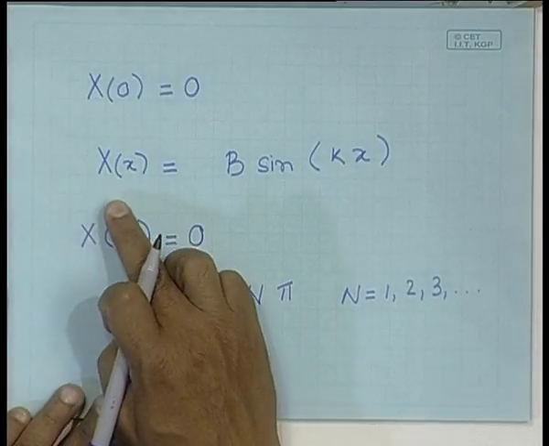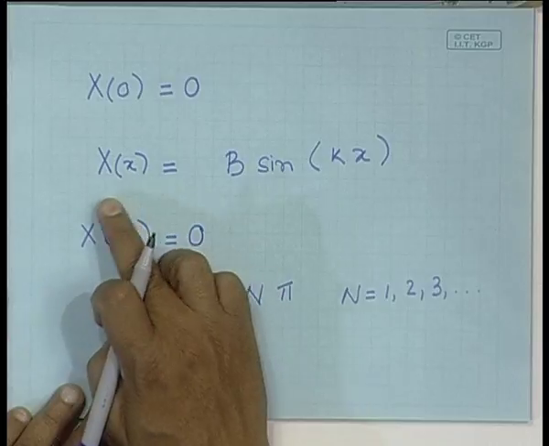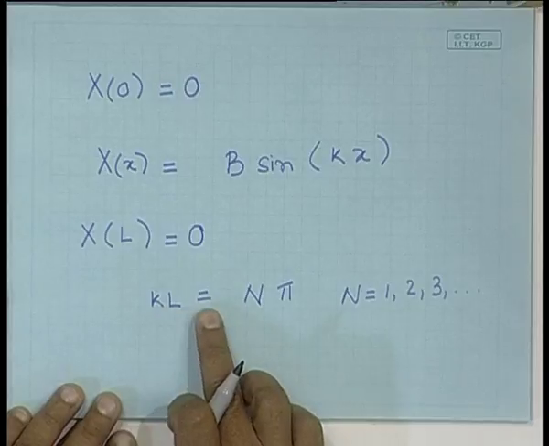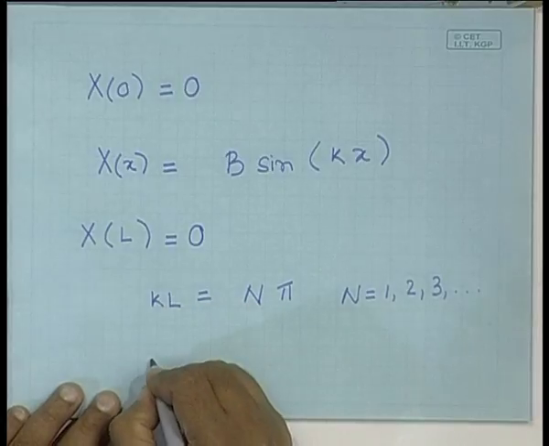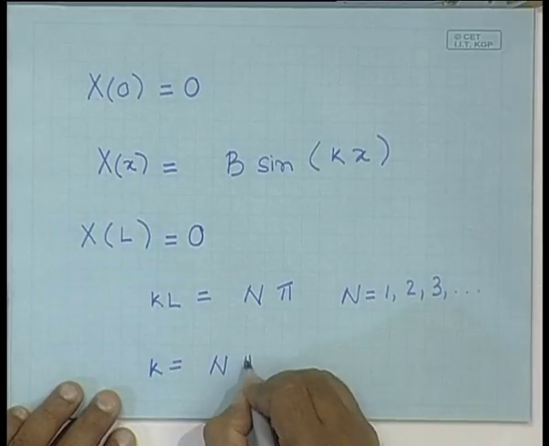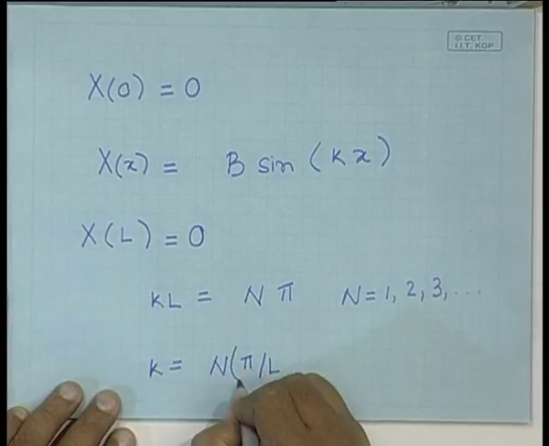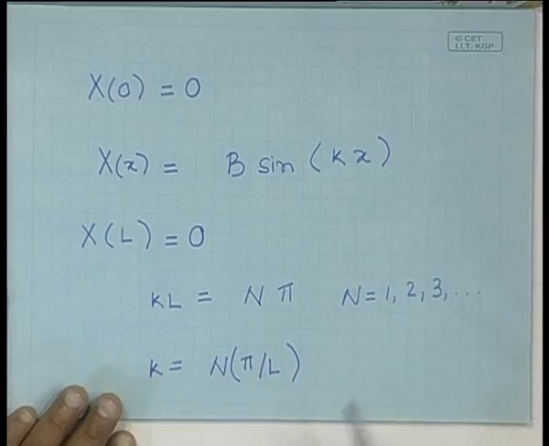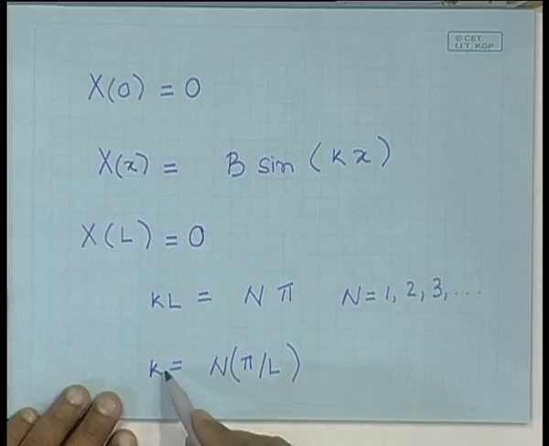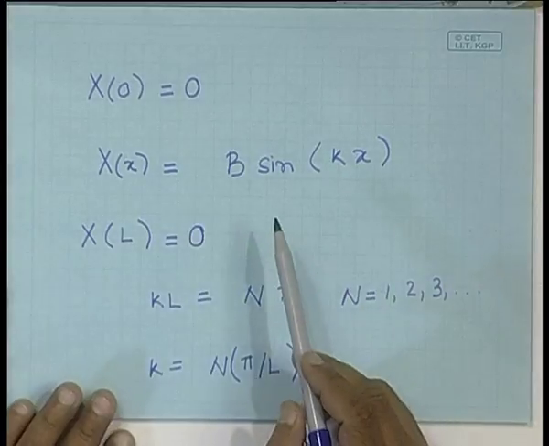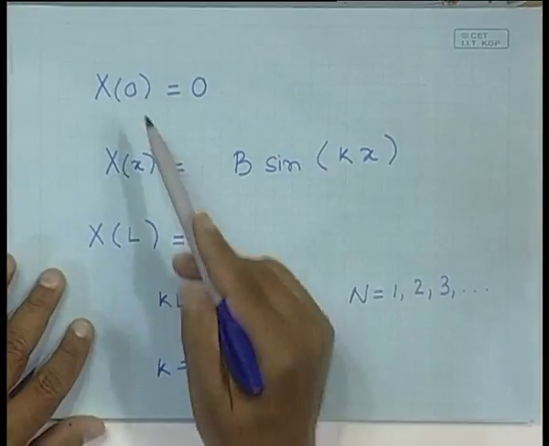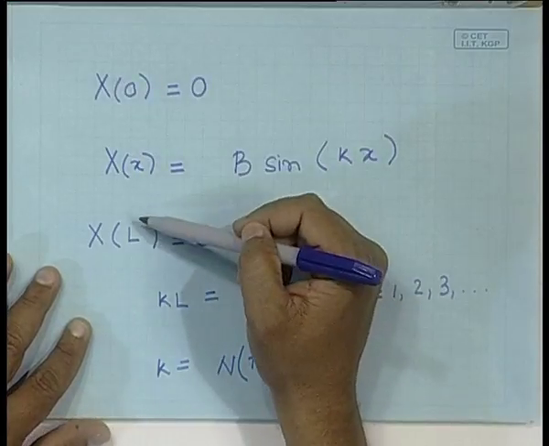The spatial part of the disturbance xi is some constant times sin kx, where k times L has to be a multiple of pi, or I could write this in the following way, where k should be a multiple of pi by L. k is of the form n times pi by L, where n could be any integer 1, 2, 3, 4, etc. And for any such k, you will have a solution to the differential equation we are trying to solve, which satisfies the boundary condition that it vanishes at x equal to 0 and x equal to L.